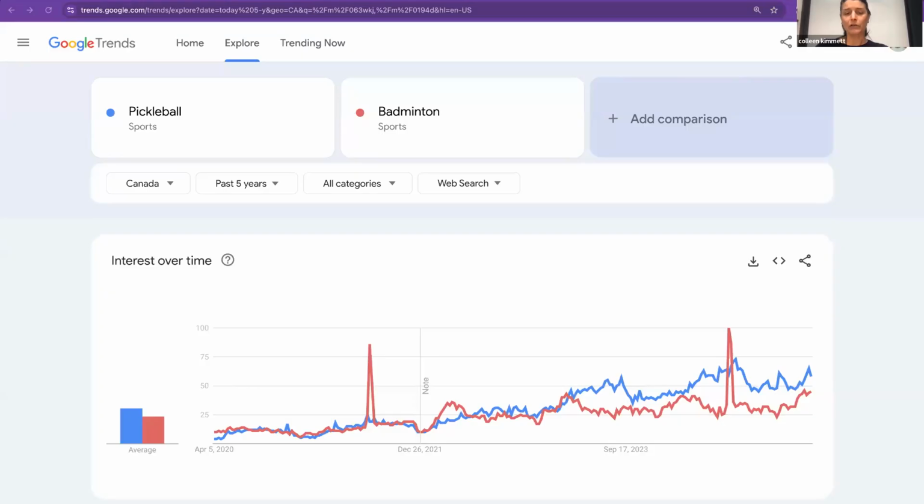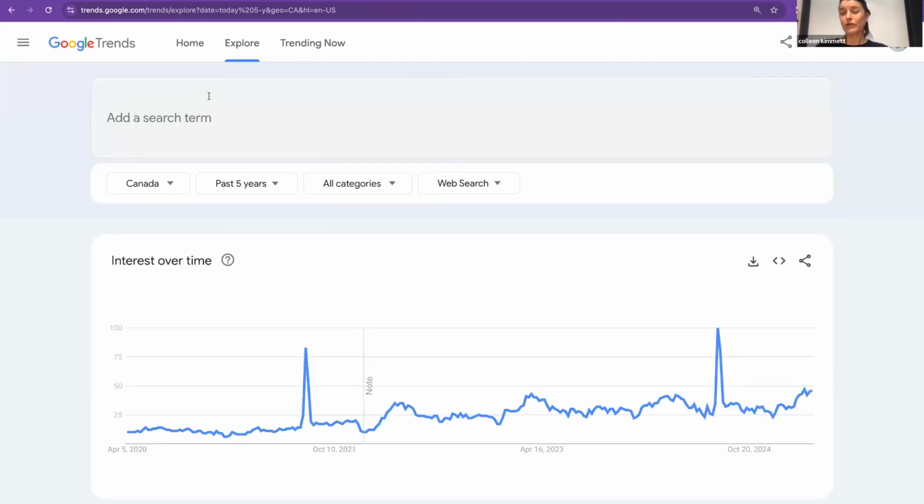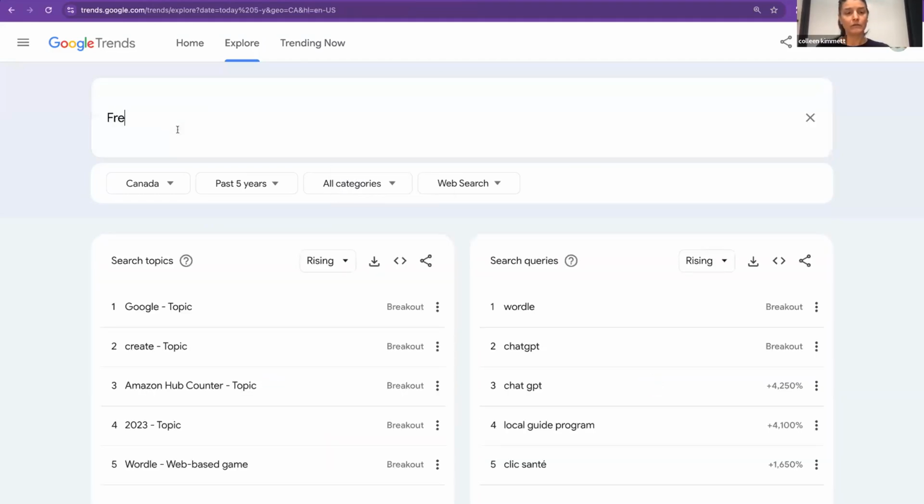In terms of comparing keywords in headlines, I mentioned the search interest in Freedom Convoy versus Trucker Convoy. So let's take a look. Are there any guesses? Which do you think was more searched in 2021?